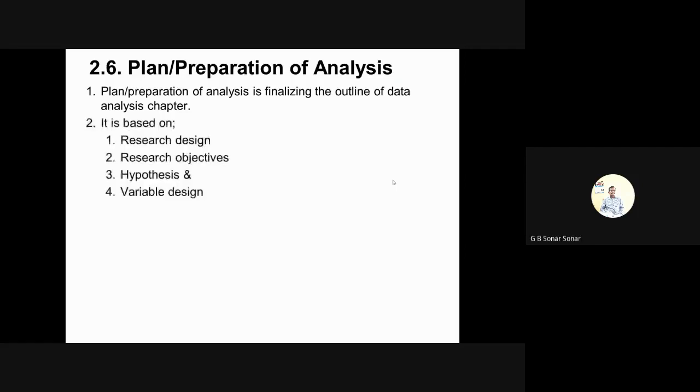Basically, this plan of analysis is based on four aspects, four parameters. One is what type of research design is used by the researcher. Depending upon the type of research design, plan of analysis is made. Depending upon the research objectives, plan of analysis is made.